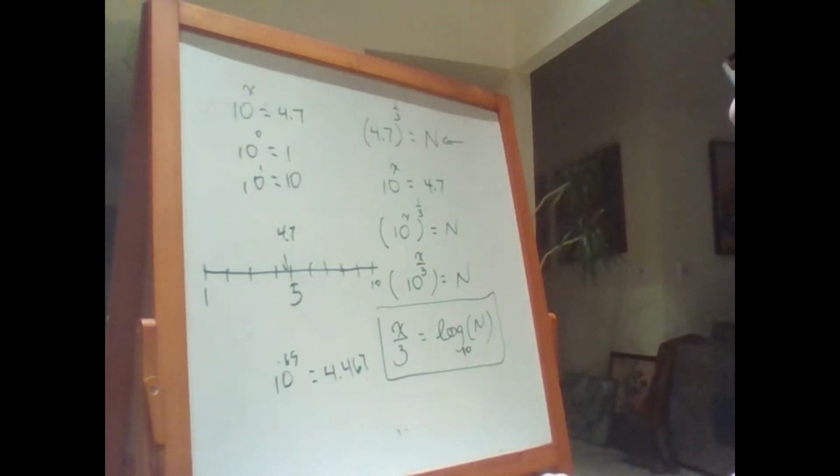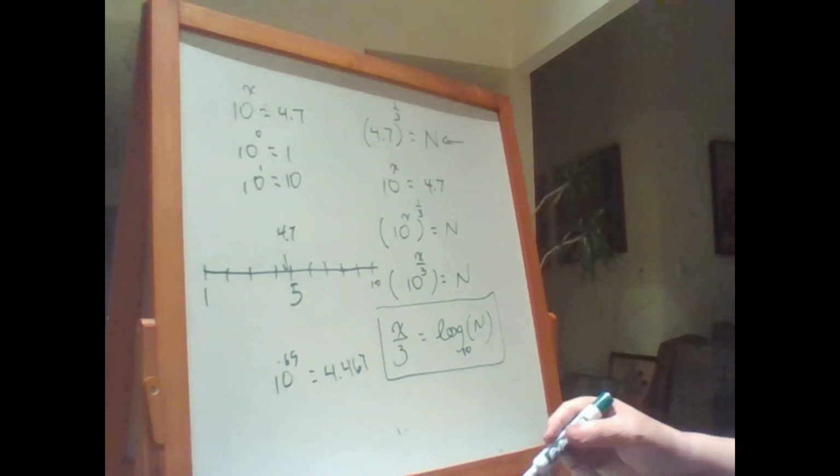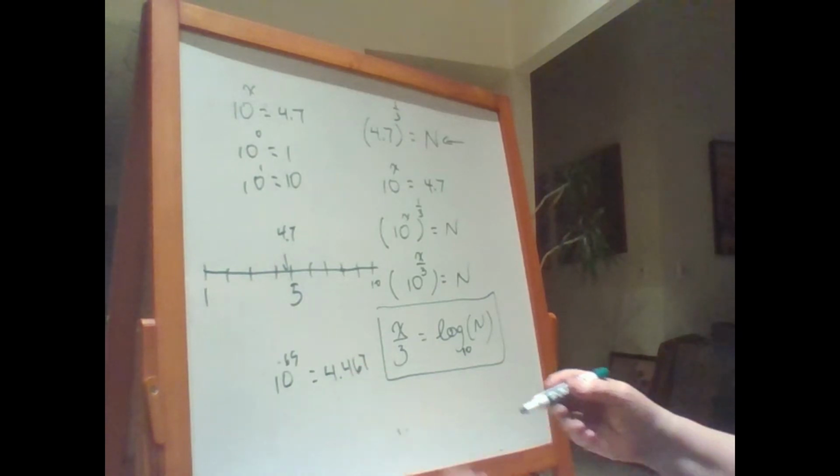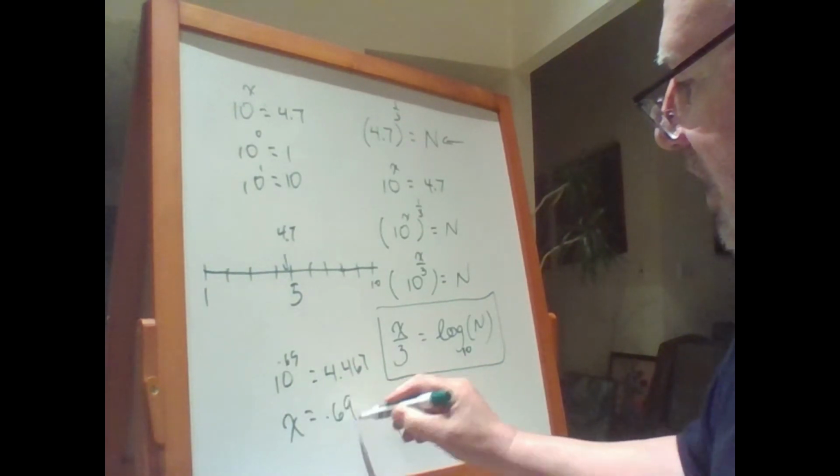Now that's pretty close. Let's try 0.691. Now that's too big. So we'll leave it at 0.69. So we have x equals 0.69.